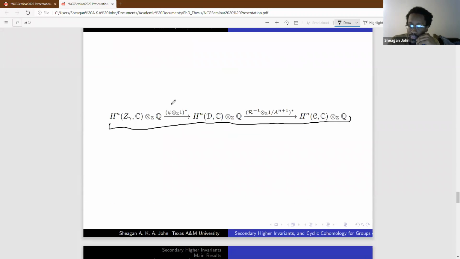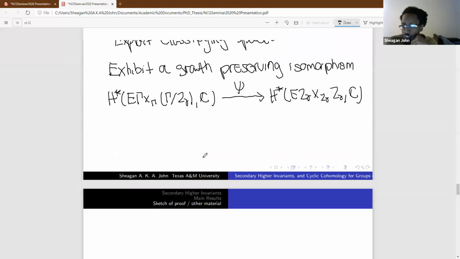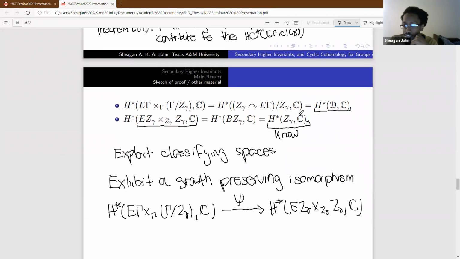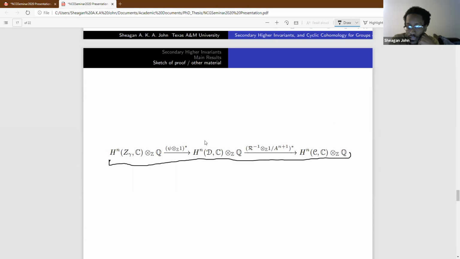And so then this psi is going to be the same psi, which is now going to be between our group cohomology of Z gamma and our cohomology group, this special cohomology group here. So it just immediately descends because of these equalities. So that's our first isomorphism.